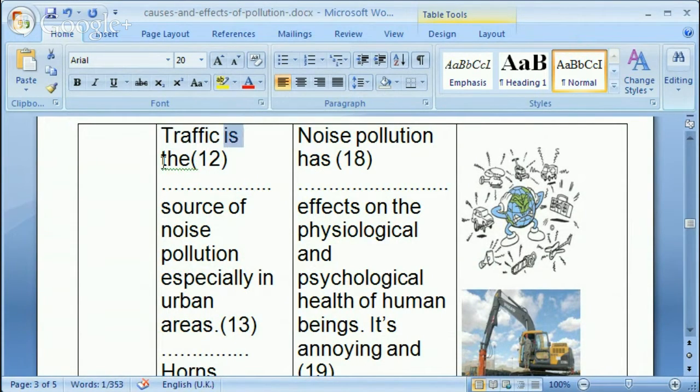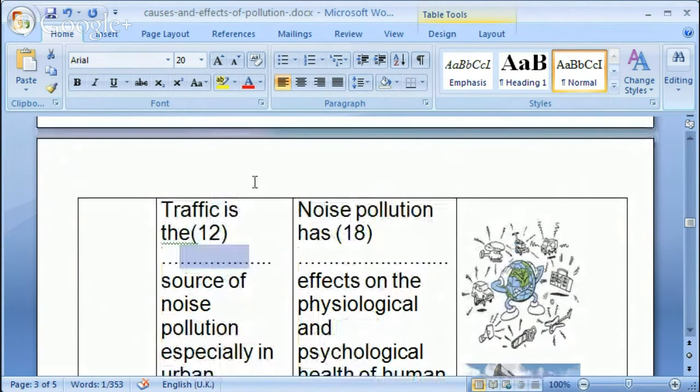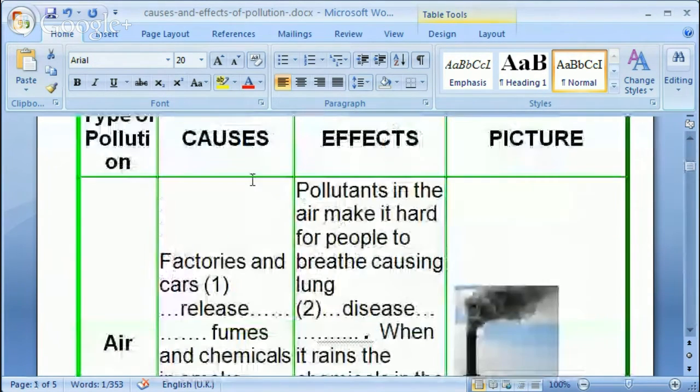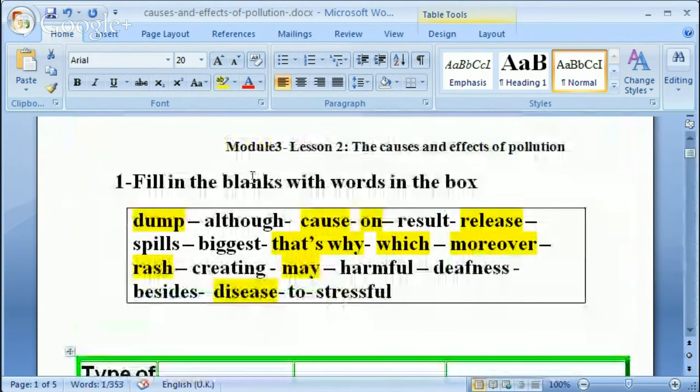Verb is the something source of noise pollution, especially in urban areas. Is the something adjective source? The something source has to be an adjective, absolutely, because I already have a demonstrative, the.